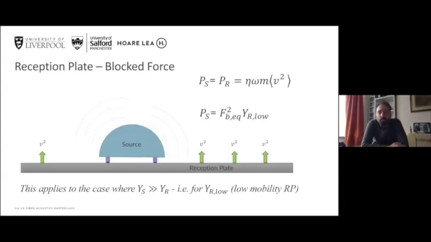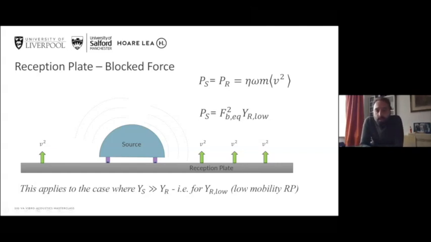So what we know from the reception plate method is that the power transmitted to the reception plate is equal to the loss factor, times omega, times the mass of the reception plate, multiplied by the spatially average velocity squared on the reception plate.